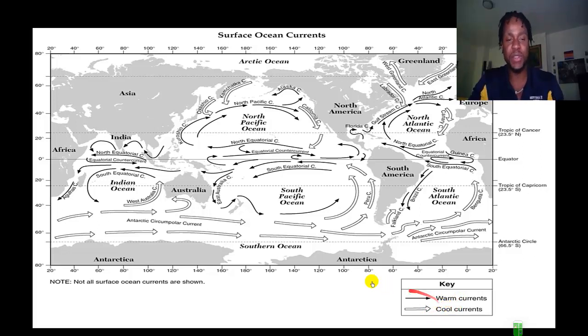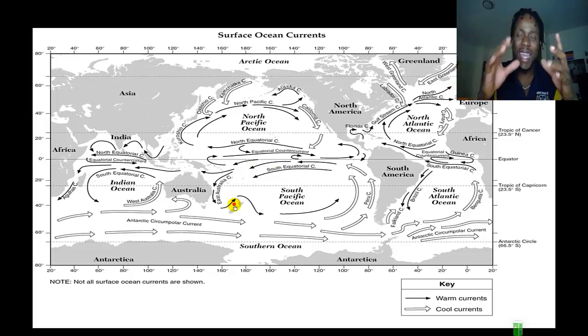What you would observe is that the cool currents typically emanate from the polar region, coming from the North Pole and from the South Pole. Conversely, the warm currents are all around the equator, moving away from the equator towards the polar region. So the cool currents are trying to come down towards the equator, and the warm currents are moving away from the equator.